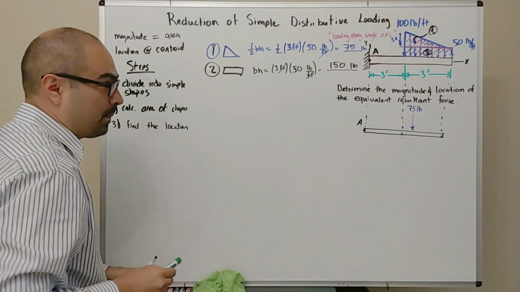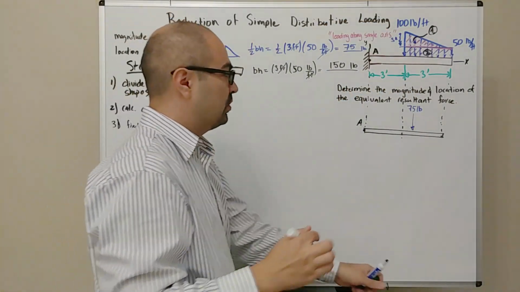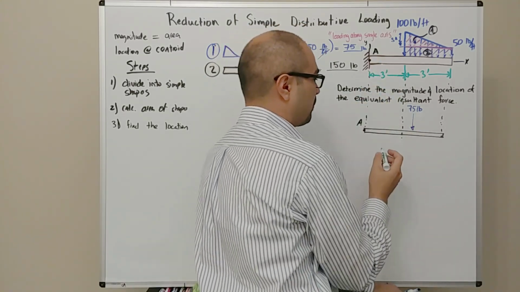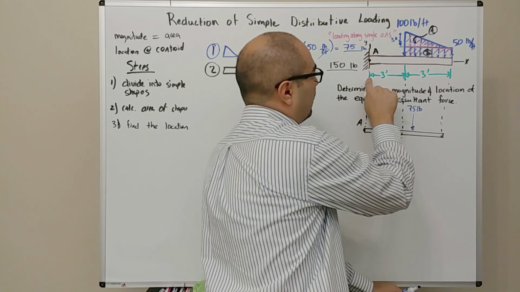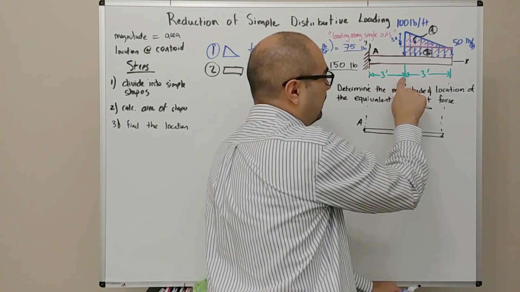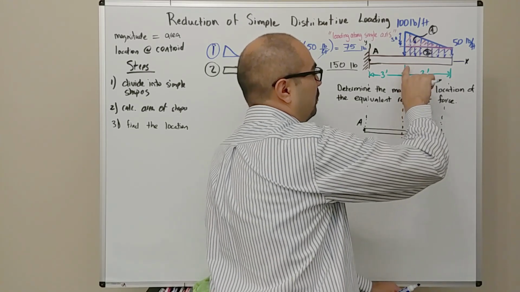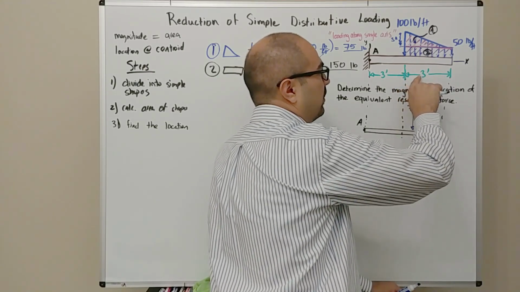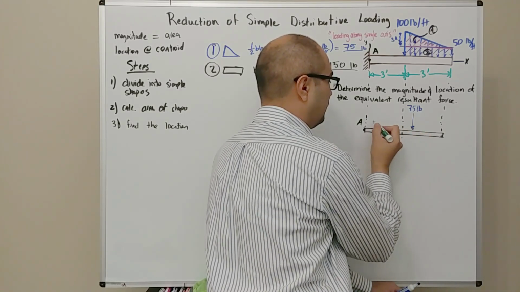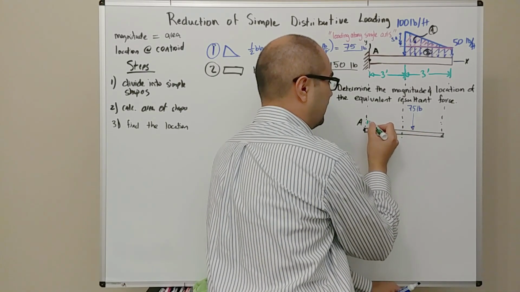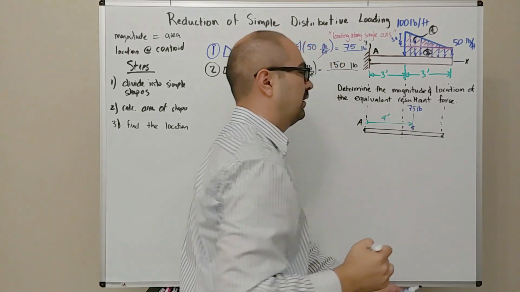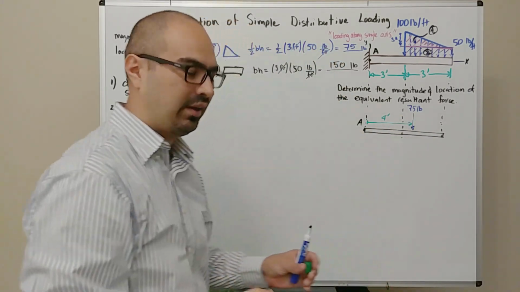Now, it's going to be to our advantage to locate that point relative to this point A over here. So from A to the start of the triangle is 3 feet, and then we need to move 1 foot so that we are at the center of the triangle. So 3 plus 1 tells us that this is at 4 feet relative to point A.